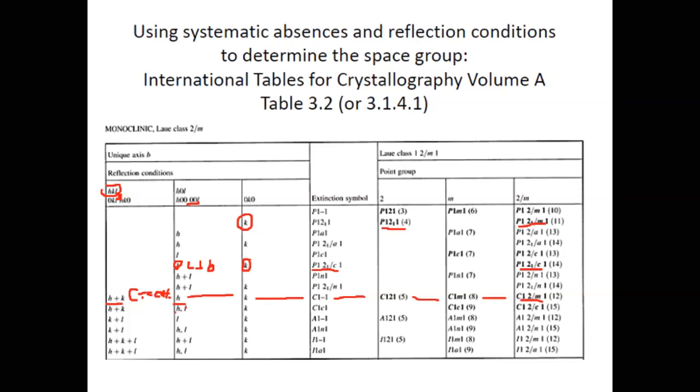So this can get kind of hairy to see, especially with C-centering and A-centering, what types of conditions are present. But then we have an H0L where L is odd. Now that makes sense, because then we have a C-glide perpendicular to B. And so there is a space group with a C-glide perpendicular to B, and we can narrow it down to CC or C2 upon C. Again, the 0K0, where K is odd, is part of the main reflection condition for C-centering.